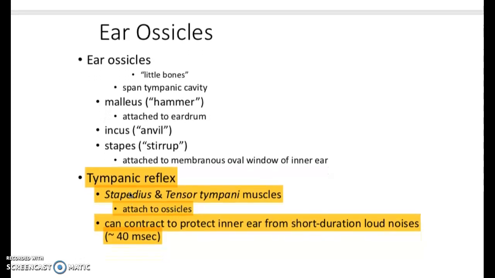And there are little tiny muscles that attach to the bones here. And if there's a really loud, quick sound, those muscles will flex and they'll keep the vibrations to a minimum so that the bones in the ear don't break. So a little protection here from very quick, very loud sounds, like a gunshot or something like that.